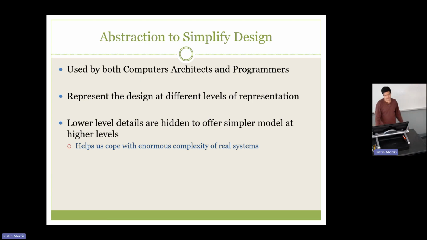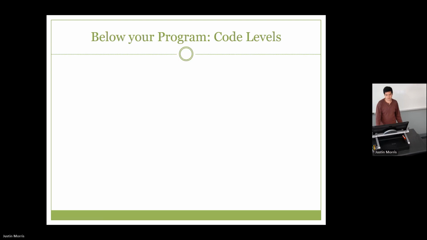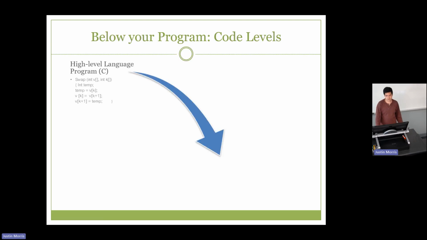So the way that it's helping you is because we have this enormous complexity at the lower levels that we don't want to really have to worry about when we're programming. So here are the different levels, right? So this is what you guys are used to looking at for the most part, and what you would be working at when you go into industry, right?